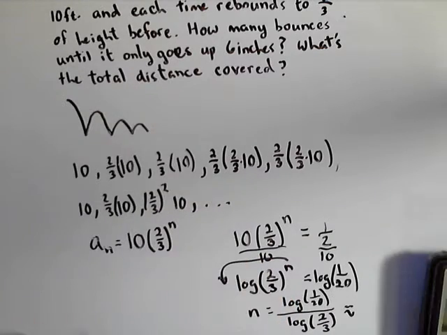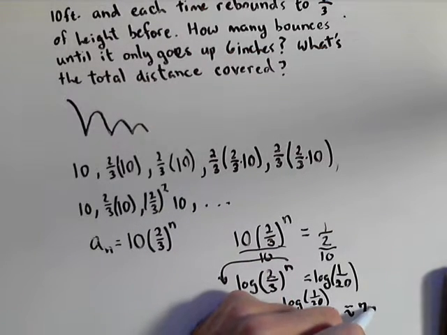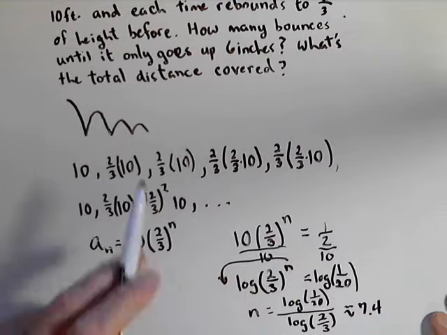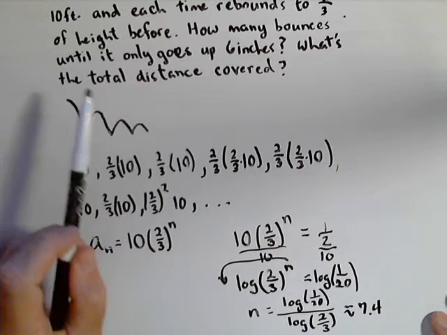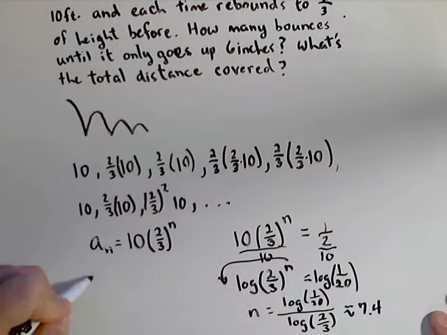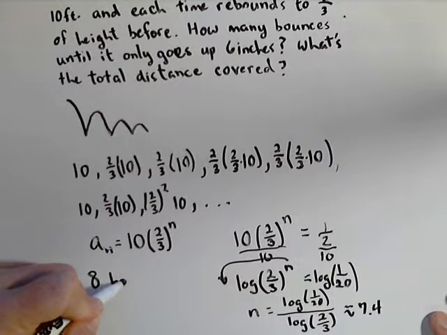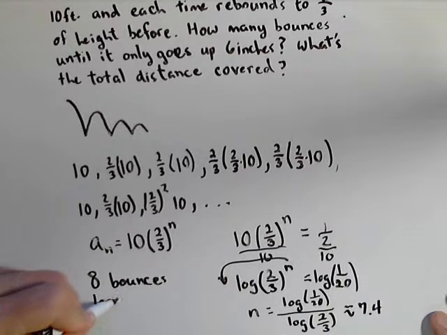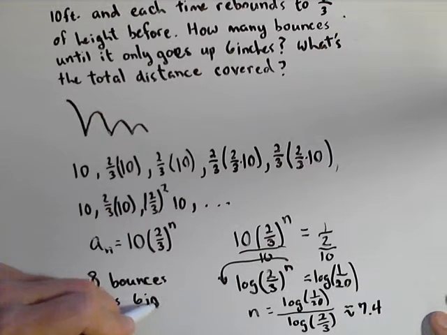So we get that this is about 7.4. What that tells us is on the 7th bounce, it's still a little more than 6 inches, and at 8 bounces, it's going to be less than 6 inches. So that's how we can handle that.